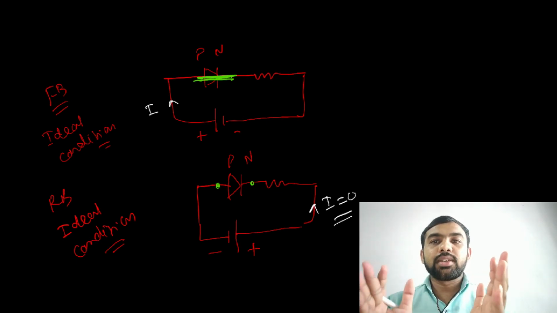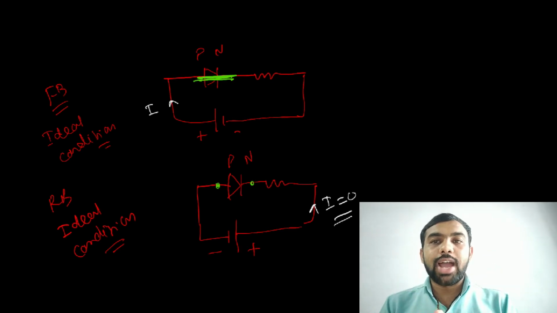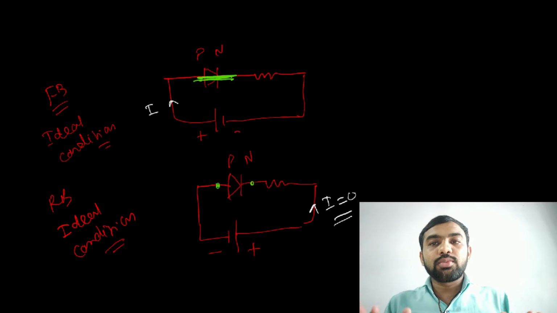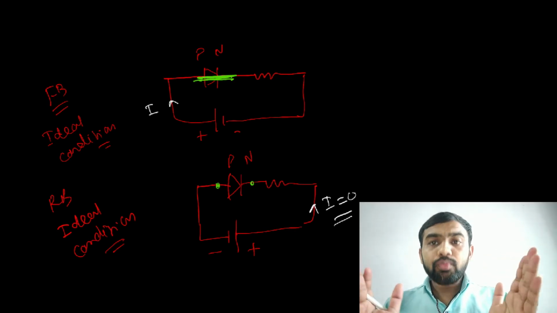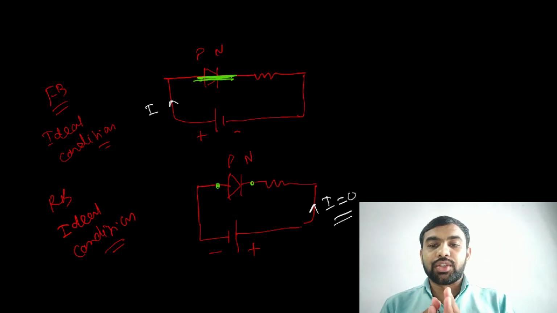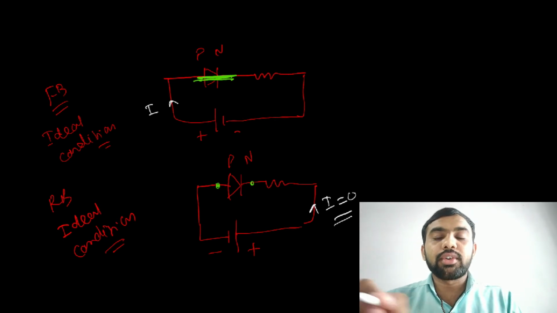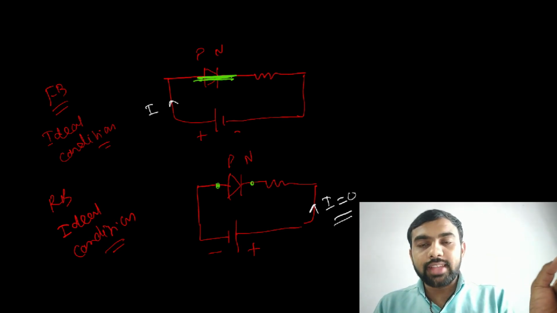As for the resistance of the diode, in forward bias the resistance is very small, and in reverse bias the resistance is very large, as we discussed in our last session. All of you must draw this figure and note it in your books properly. In the first case the diode behaves like a conducting wire, so it allows current to pass.